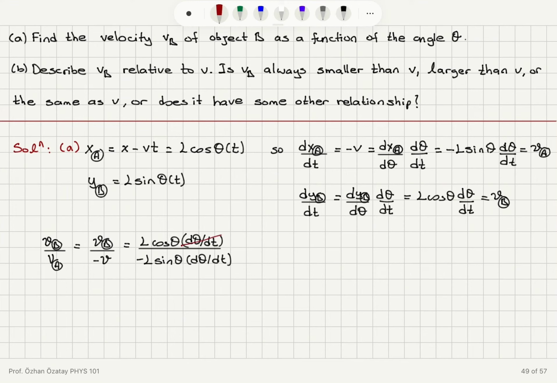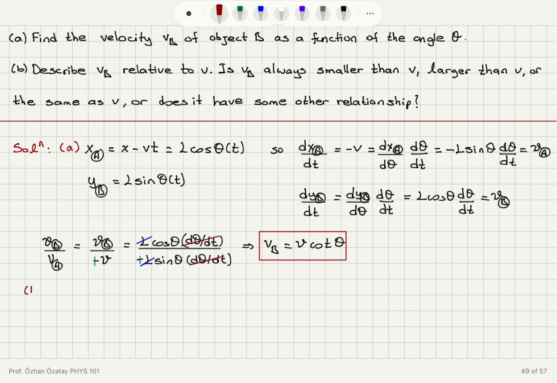So d theta/dt's will cancel, and also we're going to get rid of these L's, and this minus sign will become a plus. And we find that the velocity of object B is V times cosine theta over sine theta, which is cotangent theta. So VB is V times cotangent theta.